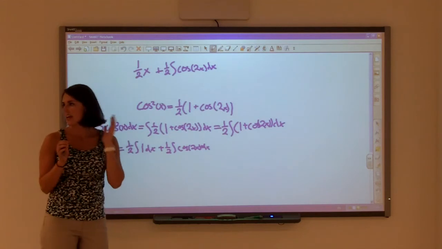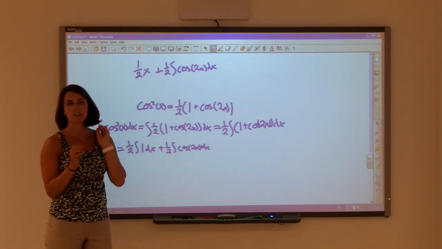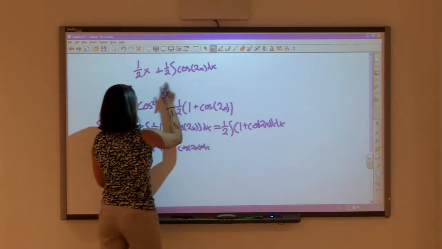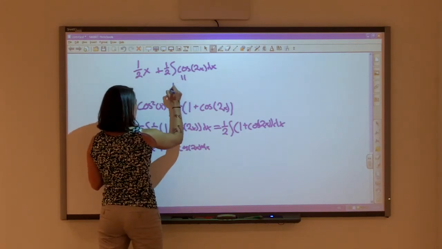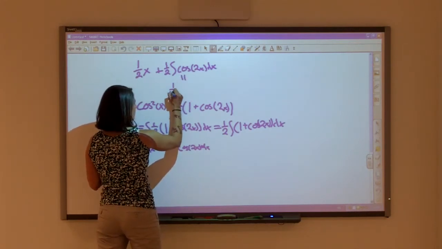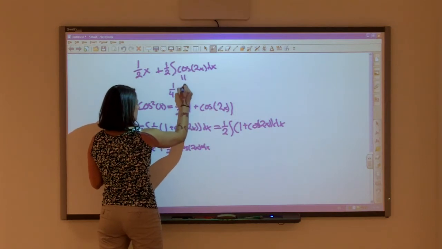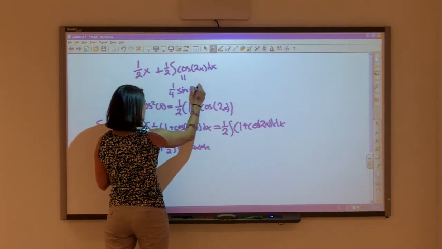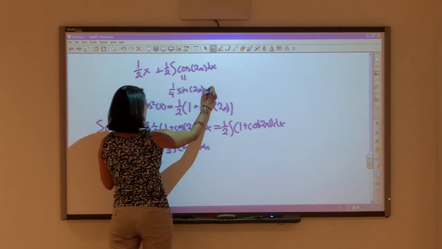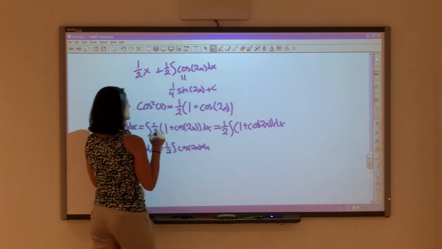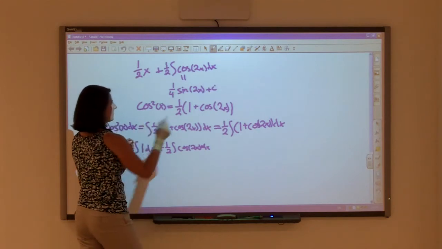We're going to say that this portion equals 1/4 sine of 2x plus c. Okay?